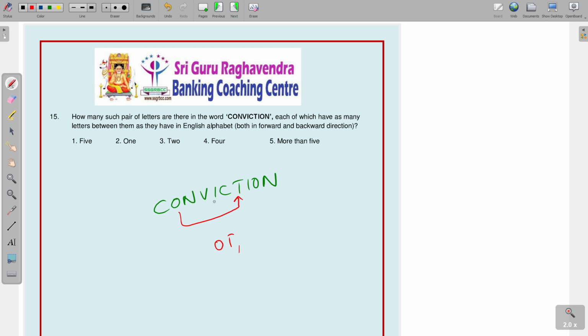V, W, X, I, J, K, L, M, N. So see I and N, one pair. Next, C, D, E, F, G, T, U, V, W, I, J, K. So see next, backward, N, O. So N and O are both the same.